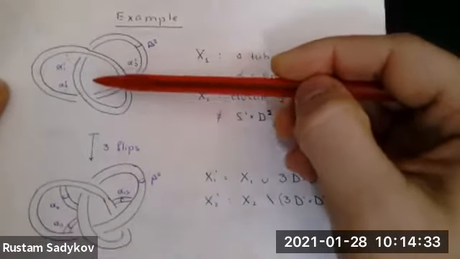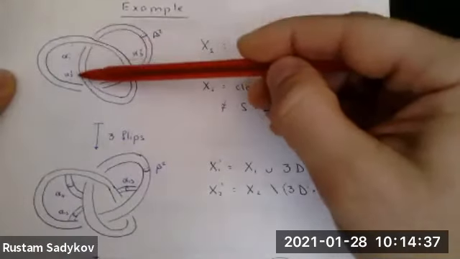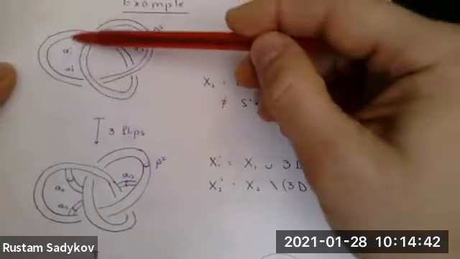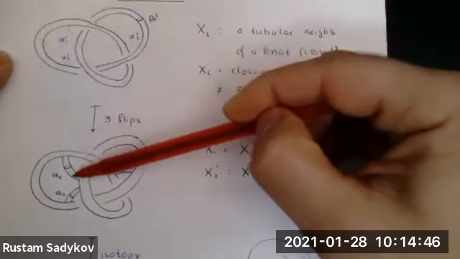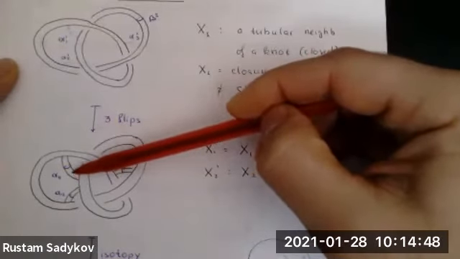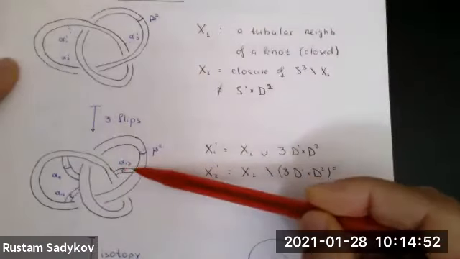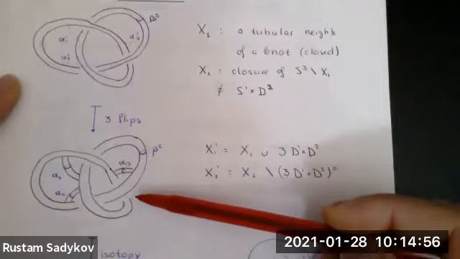And now, following our strategy, we need to flip one-handles from X2 to X1. And so I take these handles and I flip them. So I just cut them out from X2 and I attach them to X1, right? And so now I have a different decomposition of the sphere.